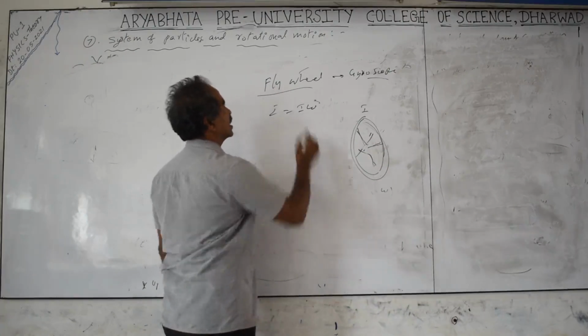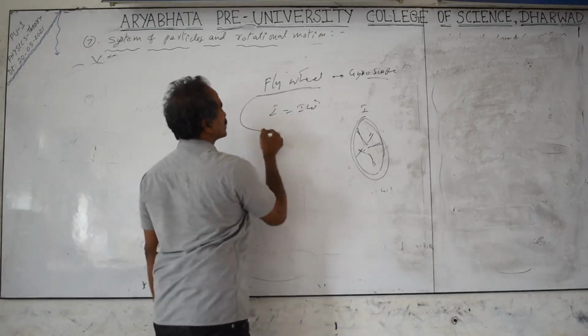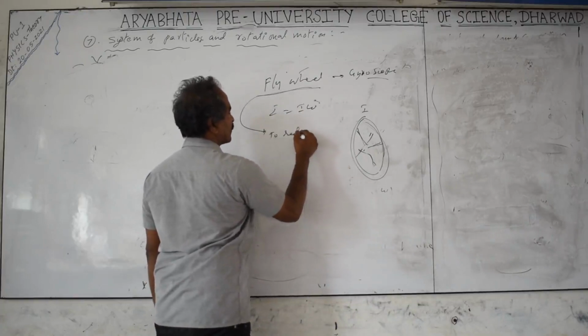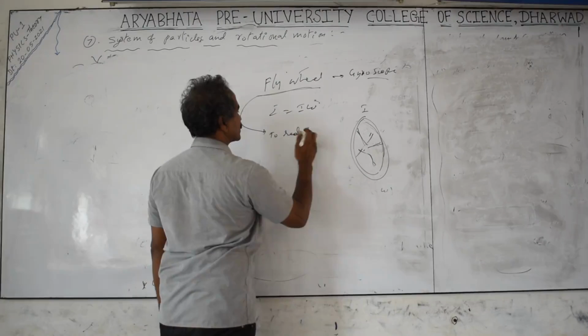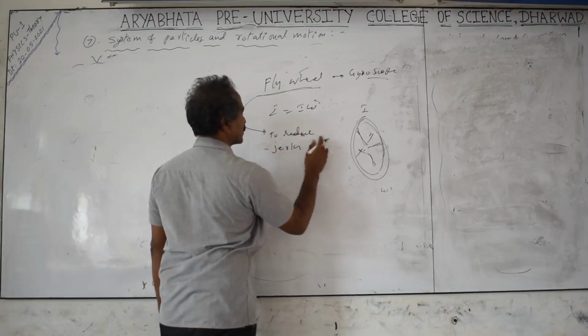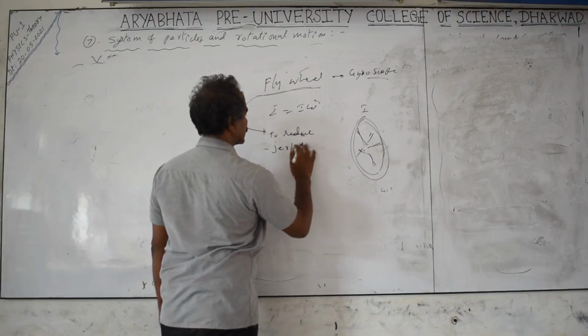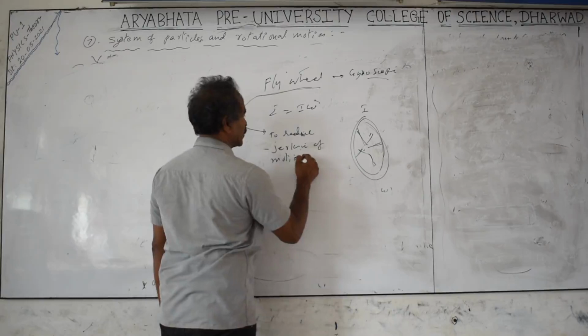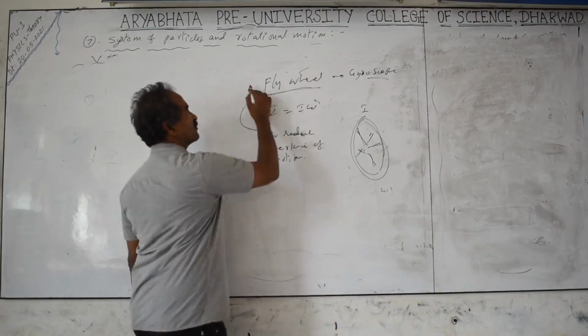To reduce the jerks, we take the help of a flywheel. So the flywheel is used in automobiles to reduce jerky motion. To have smooth motion, we take the help of flywheels.